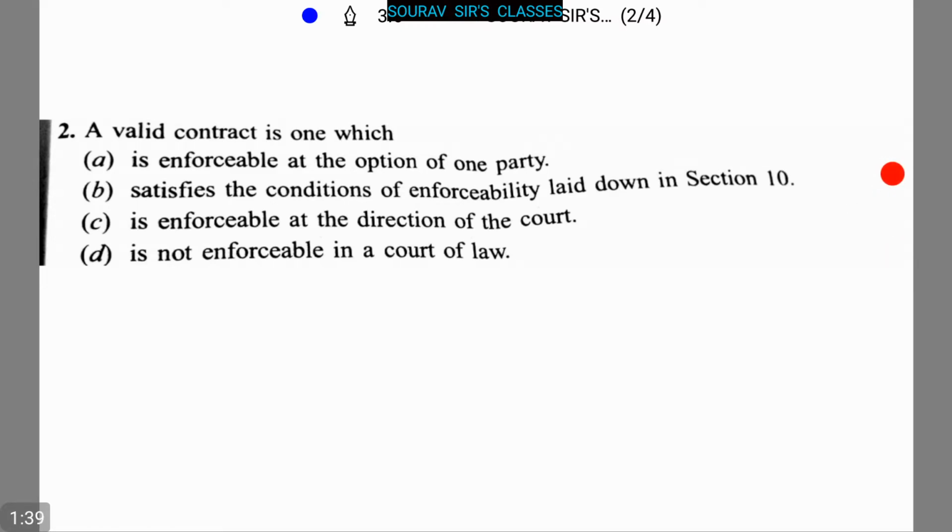Okay, now let's proceed to the next question, and it's a very important question. The question is, a valid contract is one which is enforceable in a court of law.